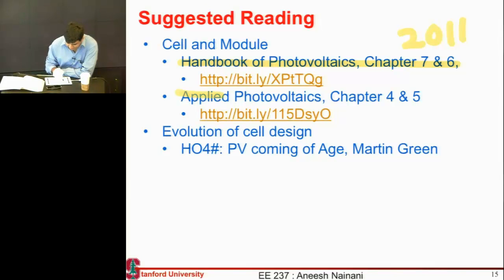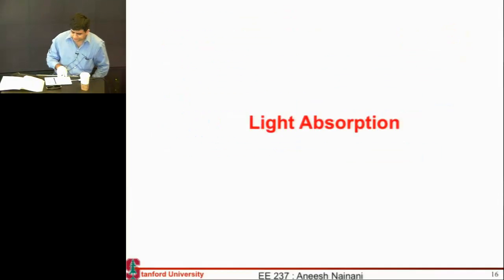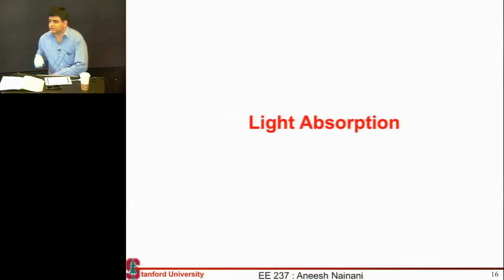And the other prescribed book for this class, you can also read some chapters from that. And there's a handout, if you're a history buff like me and you want to look at the historical evolution of things, then that is a good resource. Any questions on cells, modules and stuff?